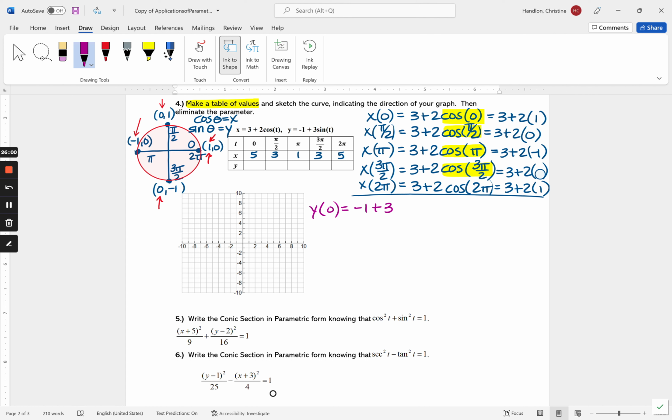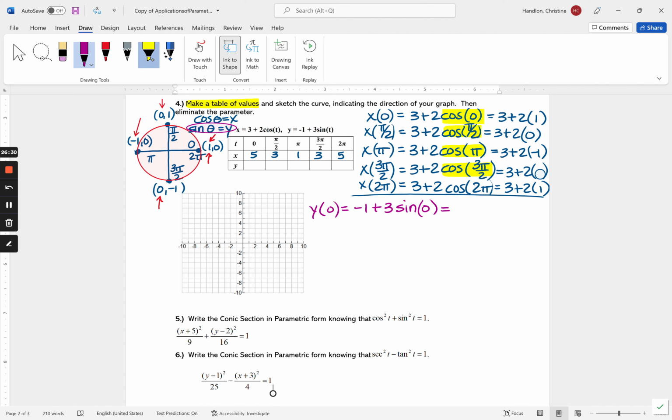Now we're going to rewrite the y equation, but this time we replace the t values with all the same angles that we just finished doing, but we are evaluating using the trig function sine. Remember, sine is y. So this time when you're rotating around the unit circle, you are going to look at the y coordinate.